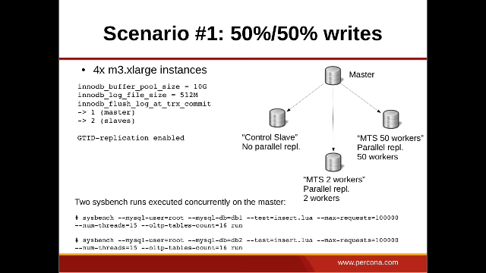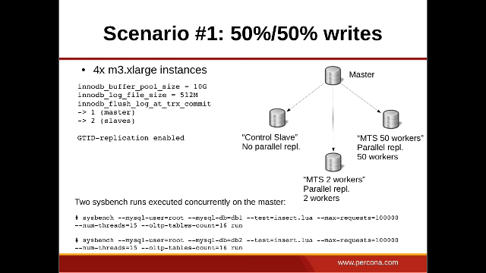You have the settings that I've used. Basically, I've set a buffer pool large enough so that the test runs in memory, and I've used innodb_flush_log_at_trx_commit equals 1 on the master because it's typical, and 2 on the slaves because again it's typical. And I've used GTID replication.